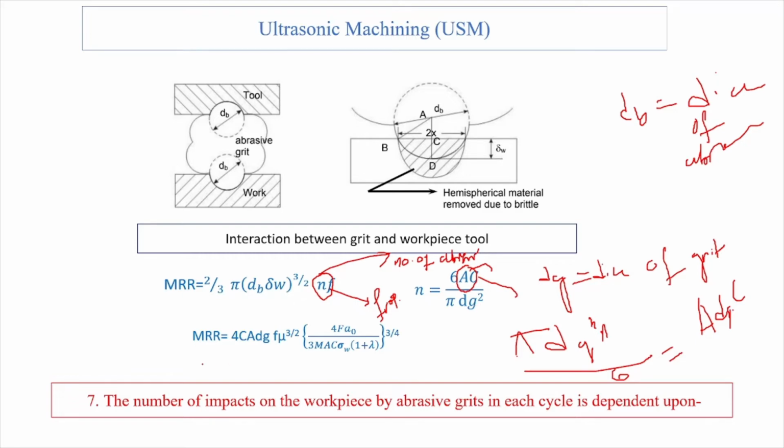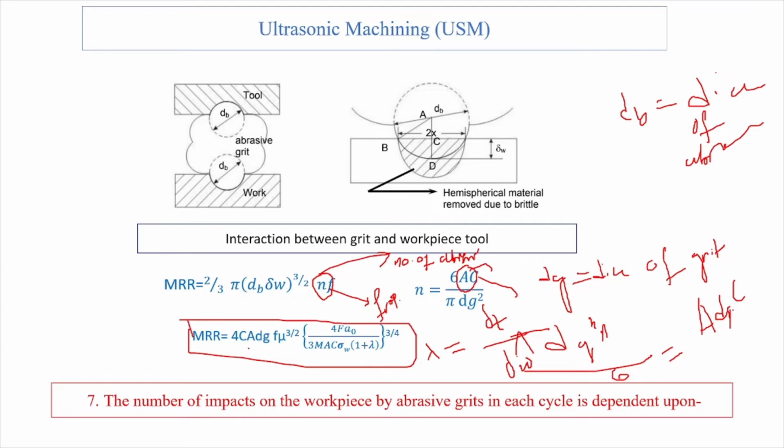And even the indentation will be inversely proportional to the flow strength, that is, lambda will be delta T by delta W. Okay, so from these equations, if we simplify, we'll get this formula of MRR.